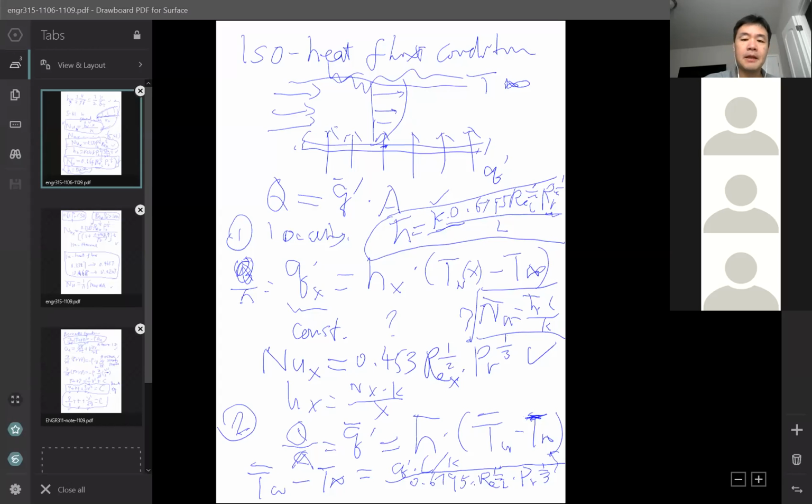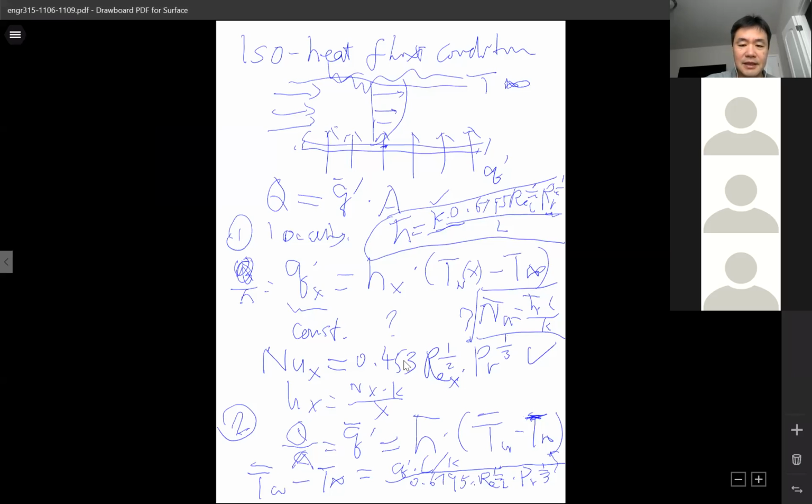So we have an equation for what? Let's do a review. We have a local heat transfer coefficient and local Nusselt number in order to calculate the local heat transfer rate, which is the heat flux.